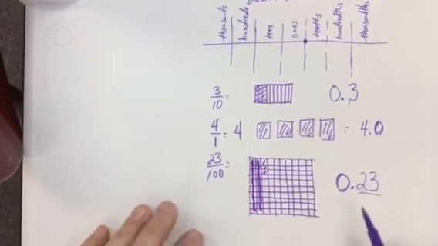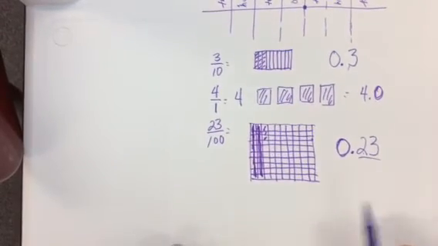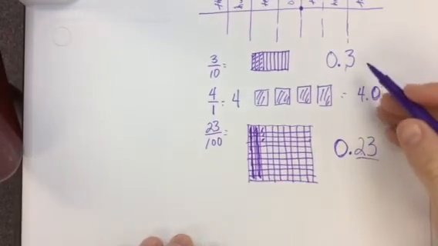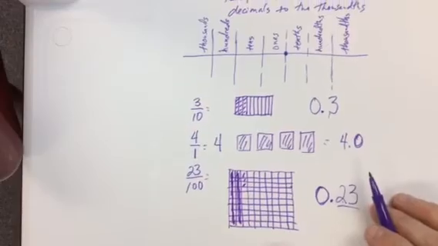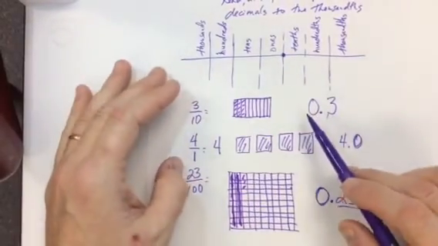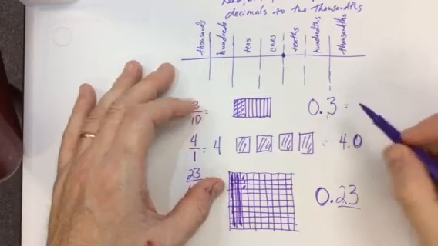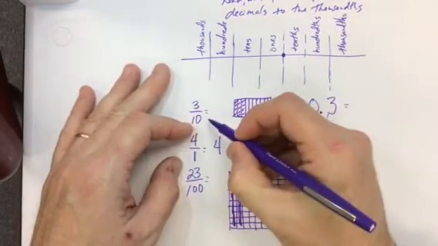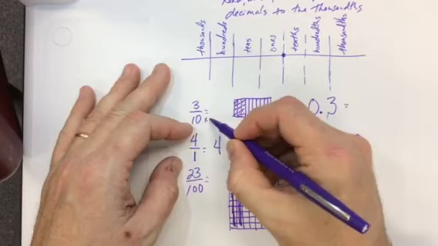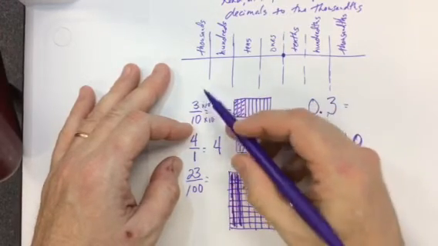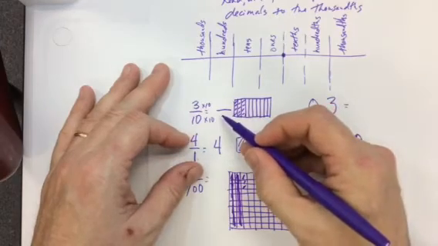We can also look at equivalent fractions and how those would work. So if I go back to my 3/10 and I wanted to turn that into an equivalent fraction with hundredths, most students, again, could look at this and say, well, if I wanted to turn it into hundredths, I have to take both the numerator and denominator times the same number.